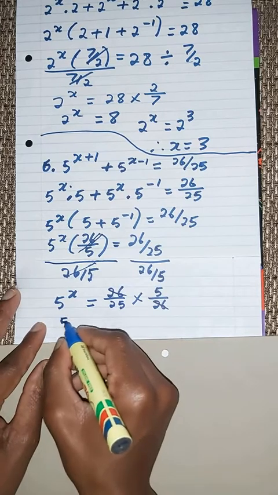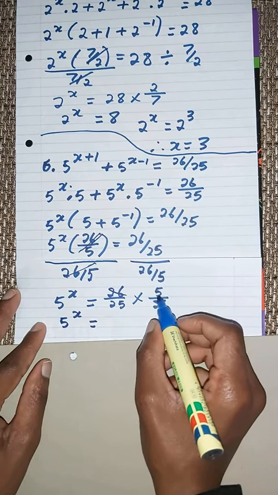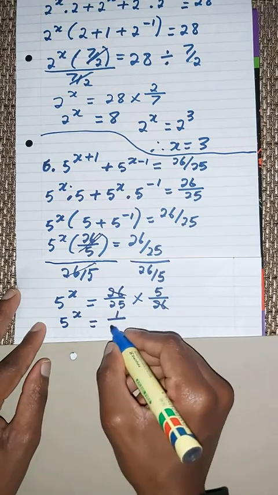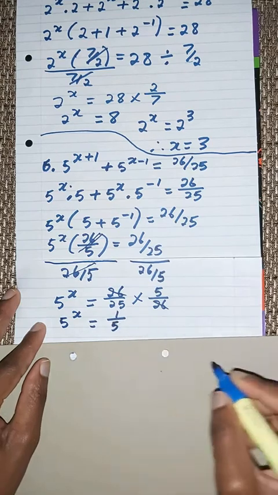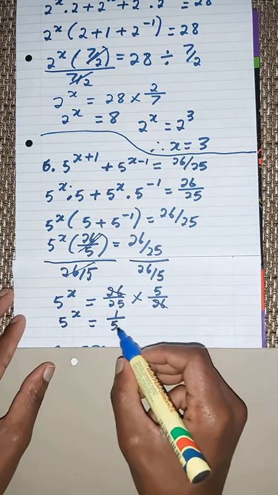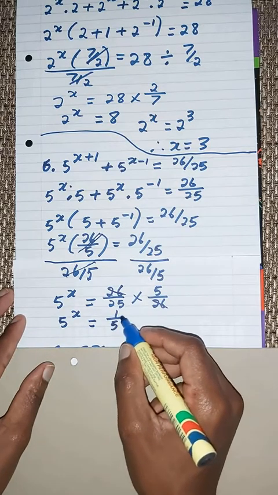So the 26 will cancel with the 26. Then I will have 5 to the power of x is equal to 5 divided by 25, which should give me 1 over 5. When I proceed, I should change this into a base of 5 to the power of something.